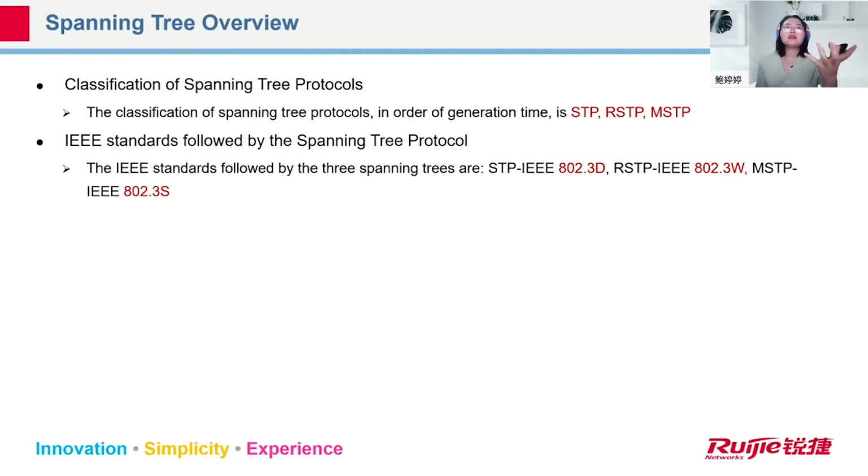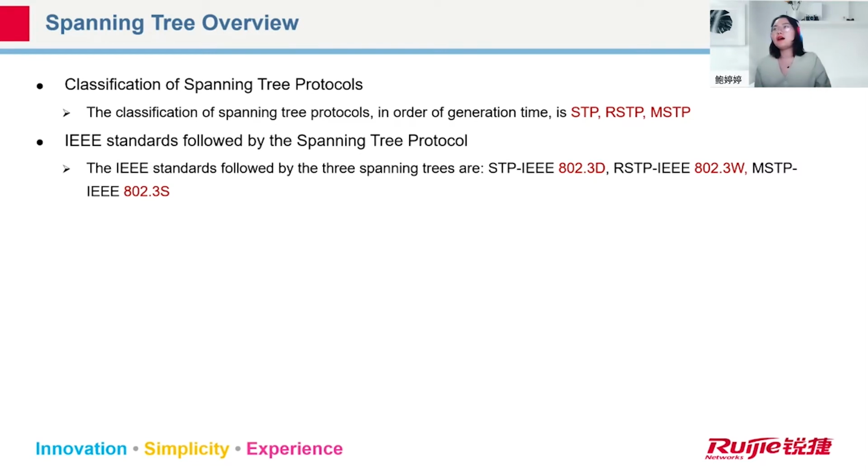Before we see the detail, let's see some basic overview of this STP protocol. About STP, we have three types. One is STP, another one is RSTP, which is faster than STP, and MSTP is multi-STP. STP can meet our requirement.